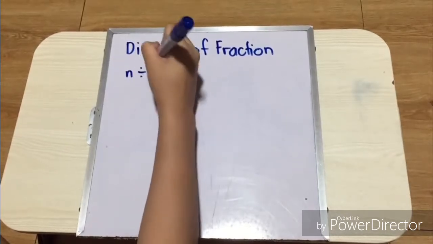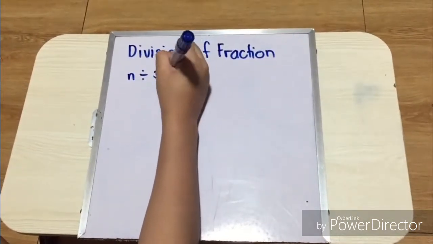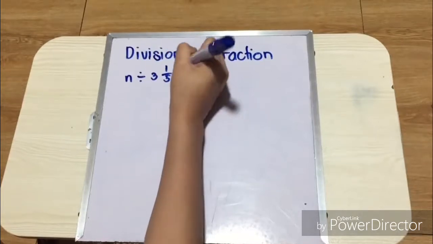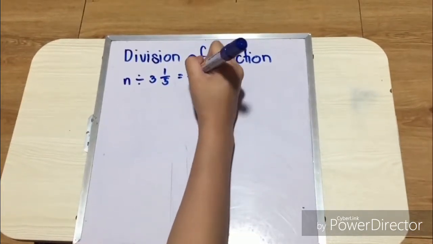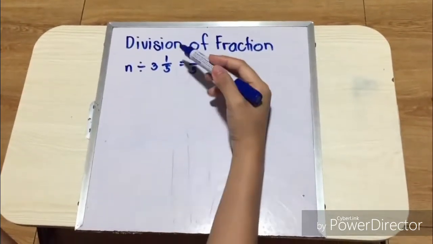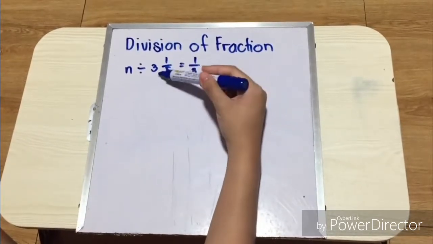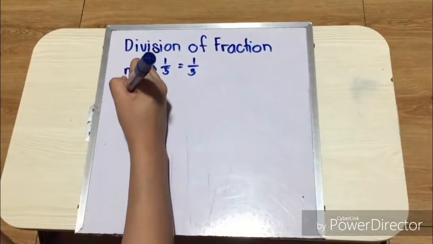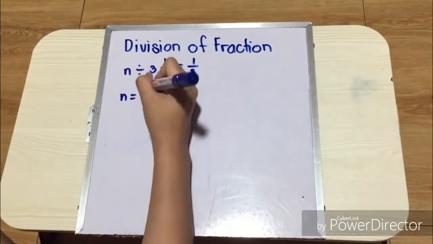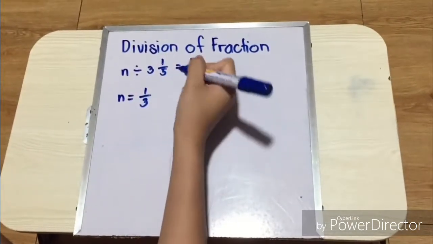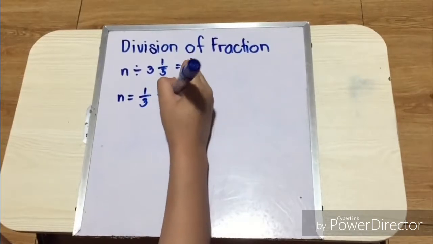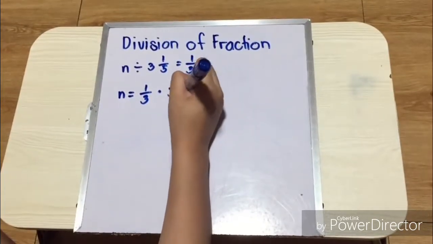Division of fractions in finding n. So n divided by 3 and 1/5 equals 1/3. So we will just transpose 3 and 1/5 to the other side. So n equals 1 over 3 times 3 and 1/5.